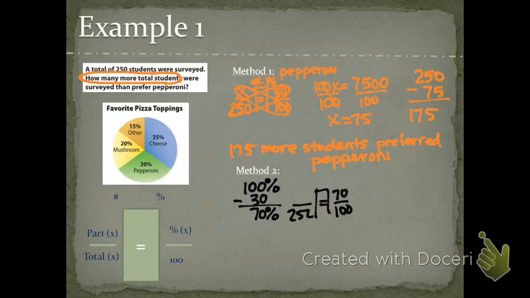It's 250 over x. We're going to cross multiply. Okay, when I multiply 250 times 70, we get 17,500.